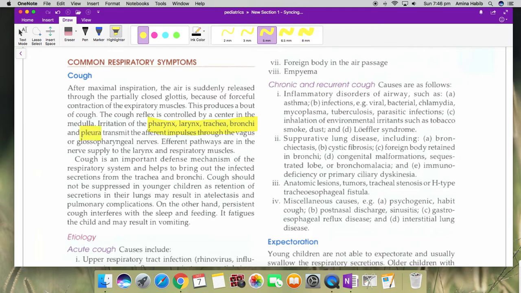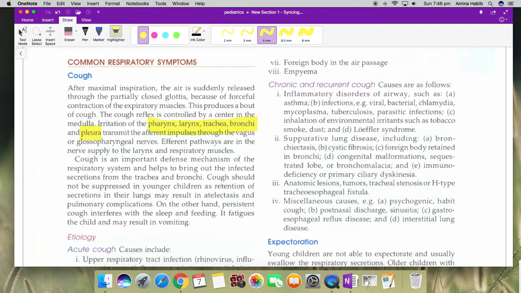So from the upper up to the lower respiratory tract. Upper means pharynx, larynx and trachea, and then lower down you have the bronchi as well as the pleura. Irritation of these can cause cough.